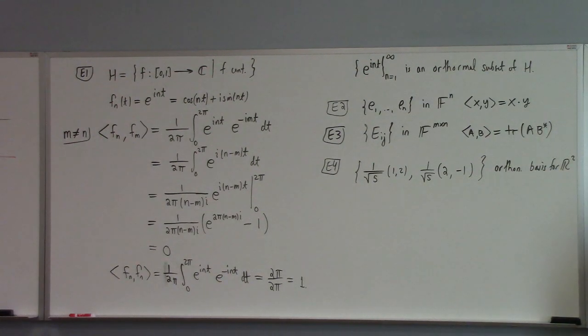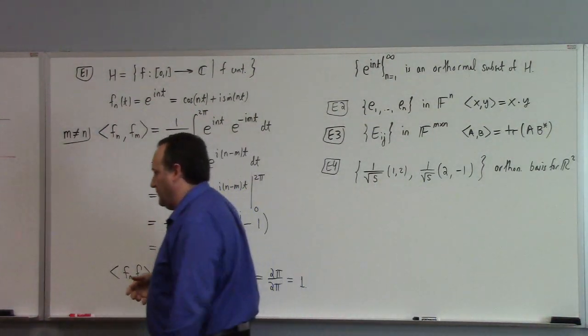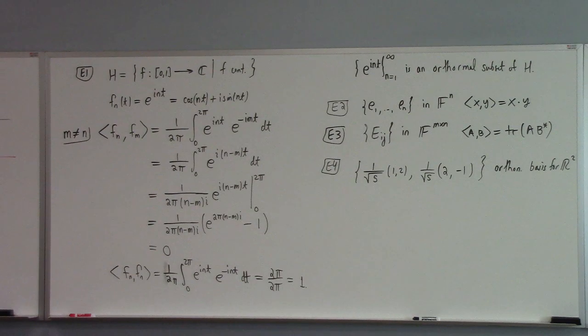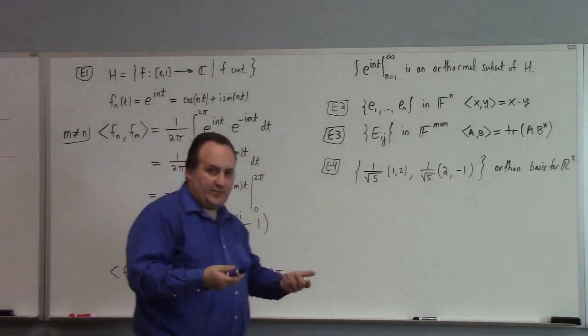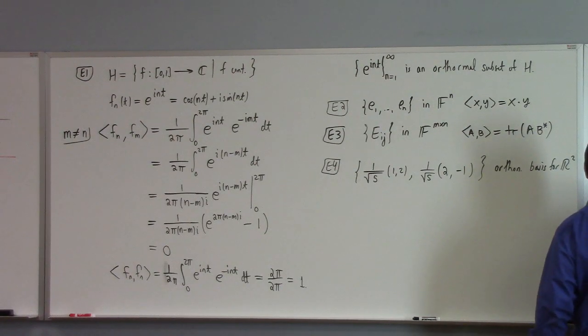So this is basically telling us how to find the components with respect to an orthogonal span. And the proof of this is very simple. You just simply suppose you have something in the span, and then you take the inner product with it. So the proof goes like this.